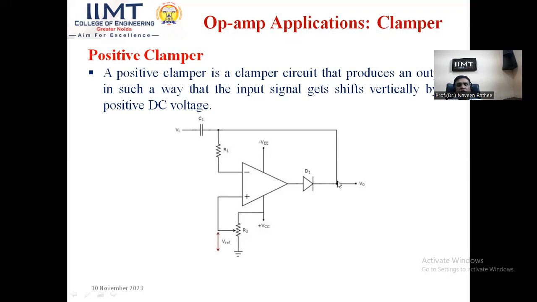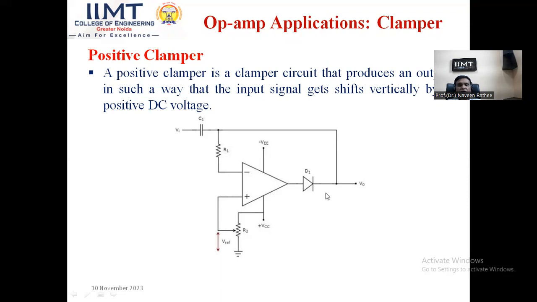What is the output available over here now? The output will be the voltage across the capacitor plus the reference voltage, the difference of these two will be available at the output.